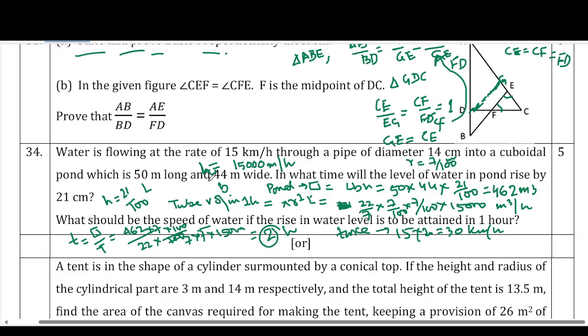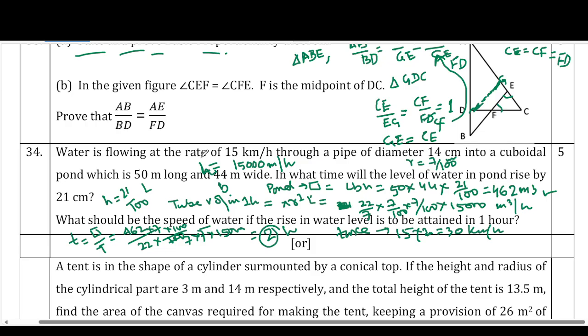In the pond, for 21 centimeters, how much water is required? Length into breadth into height, where height is 21 upon 100. Multiplying length, breadth and height, you will get the volume of water in the pond as 462 meter cube. So 462 meter cube you need to fill.